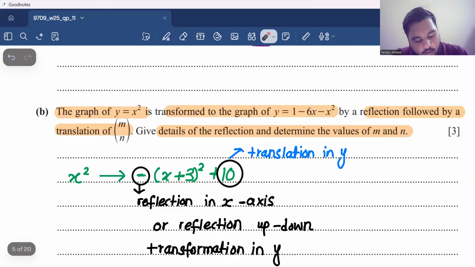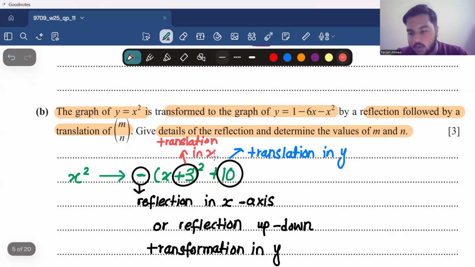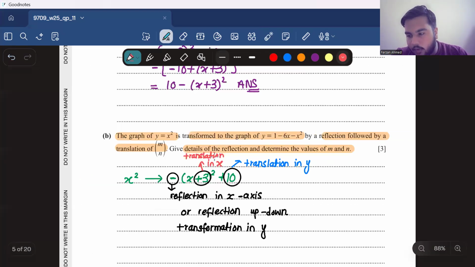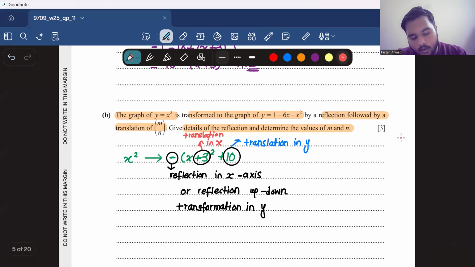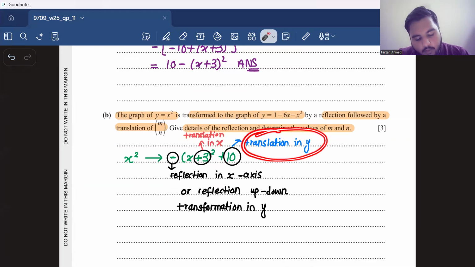And if we have something inside, it will be called a translation in x. If we have something outside of the basic function, it will be translation in y, and if we have it inside the basic function, it will be translation in x.